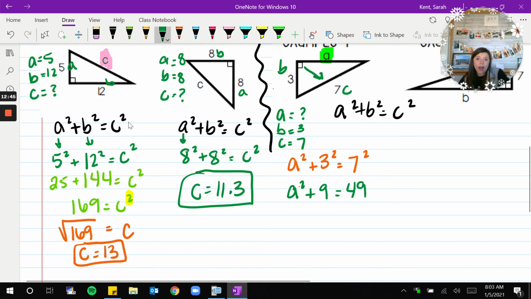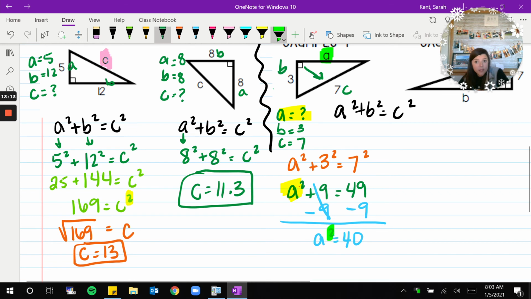Now I need to get the A by itself because that's what we're looking for. What is A? To do that, I'm going to subtract 9 from both sides. Now my 9's go away. I'm left with A squared equals 49 minus 9, which is 40. Then again, I need the opposite of this square.